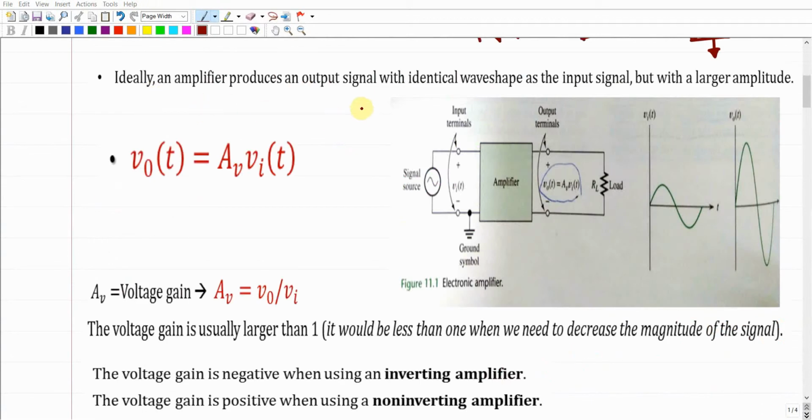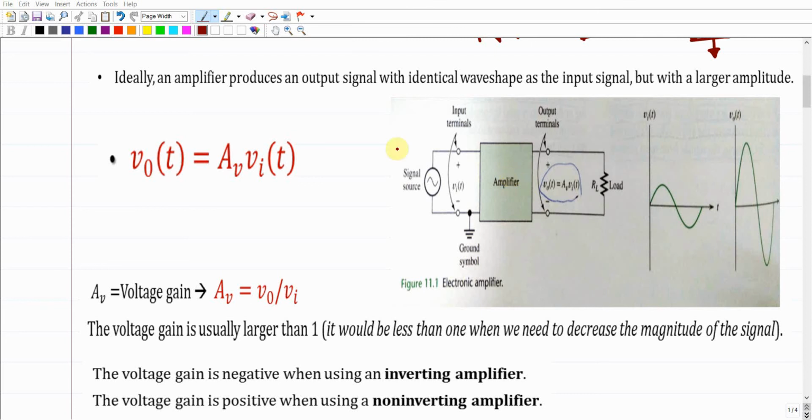So now let us see the ideal case of the amplifier. If we assume that this is the amplifier, and as I said, we have many different types of amplifiers. The one that we're going to focus on is the operational amplifier, which is just one of the types.